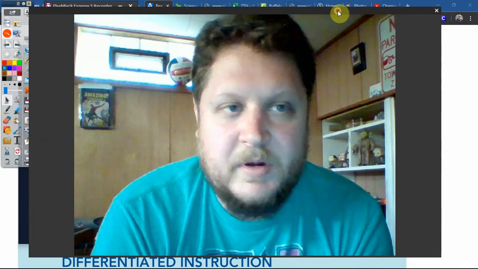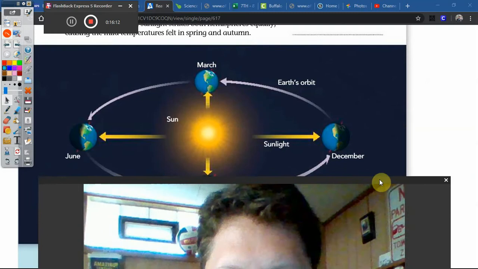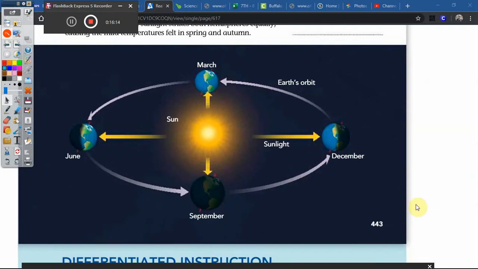Now I'm going to bring your attention to page 443. Here we go. If we look here, this is just a diagram of everything I was just talking about. We have the Earth's orbit, which is how it revolves around the sun.